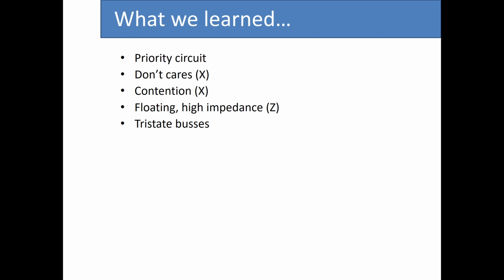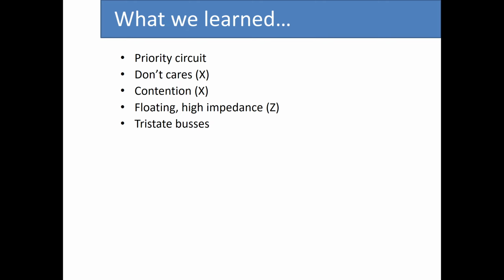So in this video, I talked about the priority circuit, and how we can create the truth table for a 4-bit priority circuit. I talked about how we can make implementations of such a circuit, either by using the definition directly or by doing the sum of products form and then simplification.